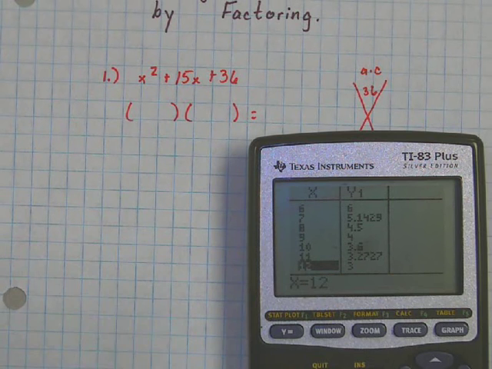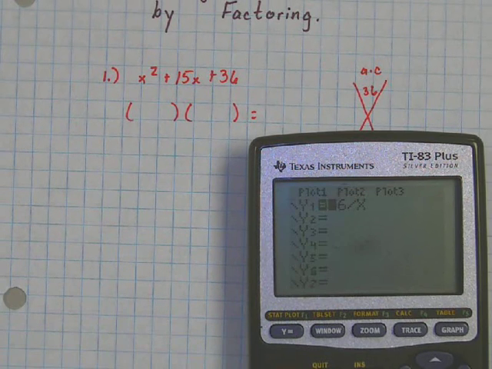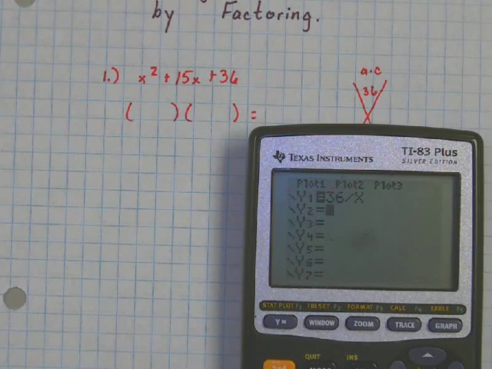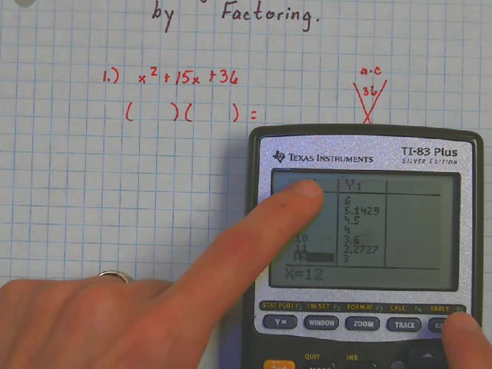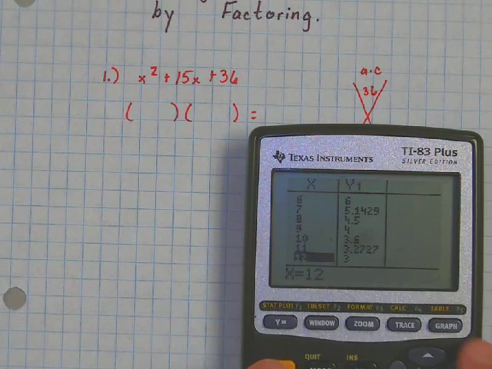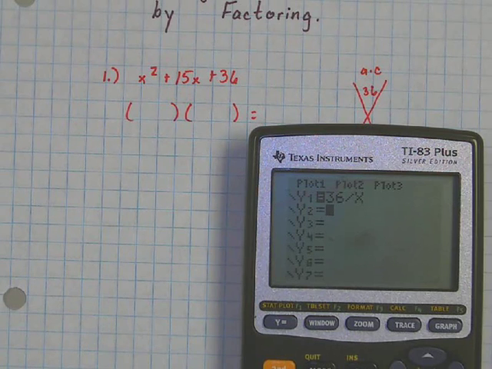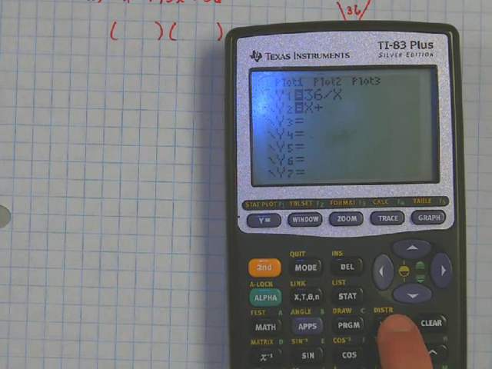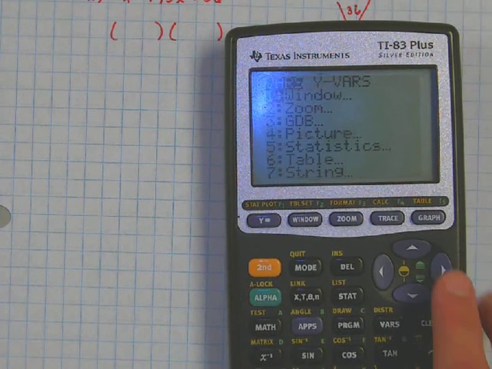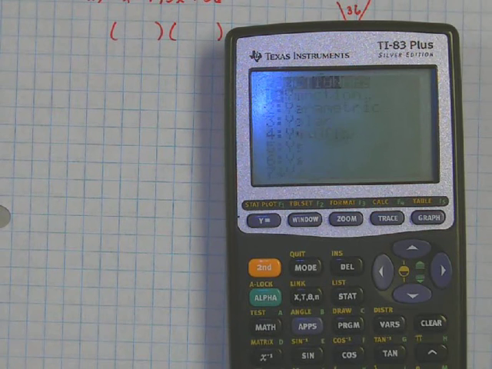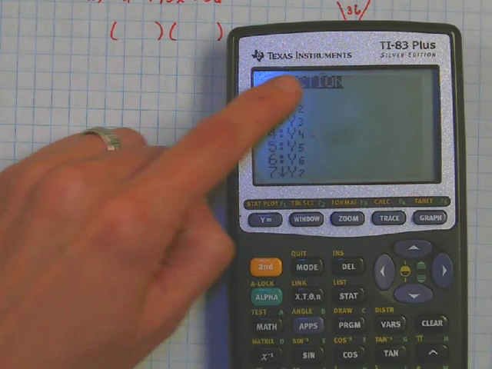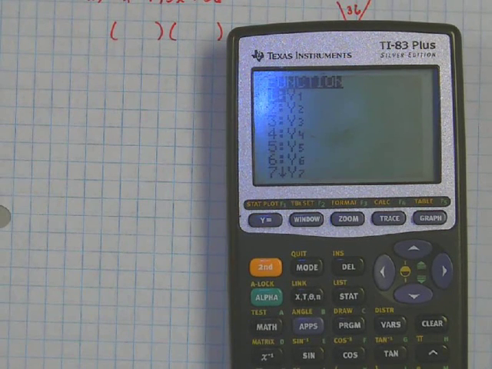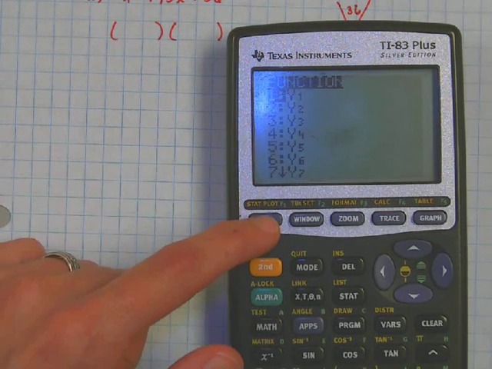But if you go back to Y2 and say, I want to add these two columns together, then in Y2 I want to add the X column and the Y1 column. The way we get to Y1 is we press vars, which is right here underneath that blue arrow. You go over to Y vars, you press enter, and then when you press enter on the function key there, you get this list of all of these Y equations, and you want Y1, so just press enter again.